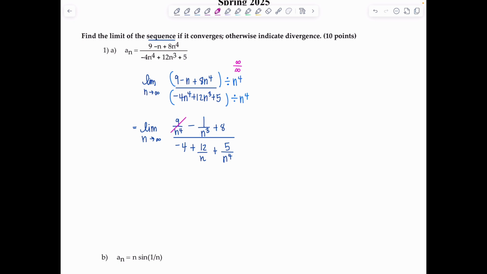Okay, as n gets large, any constant over n to some power is going to go to 0. So all these terms are going to 0. And we're simply left with 8 in the numerator, negative 4 in the denominator, which is negative 2. So this sequence is convergent, and the limit is negative 2.